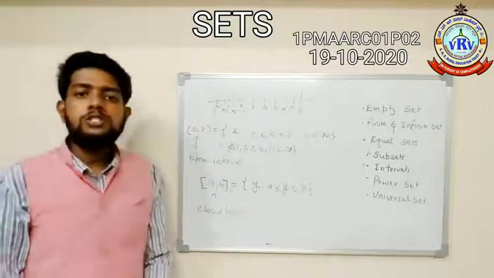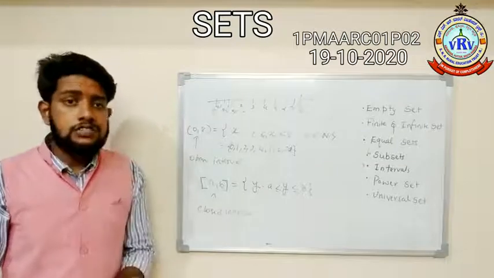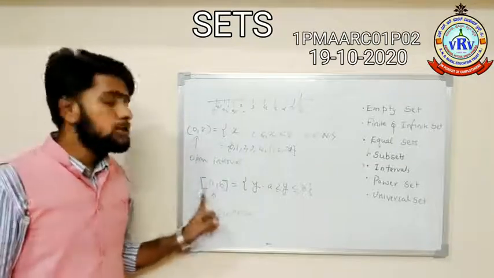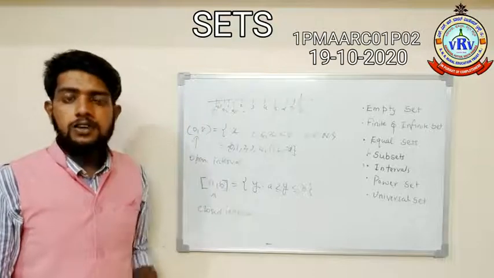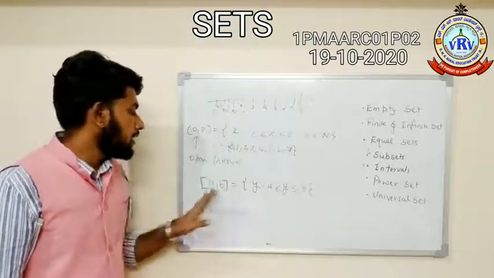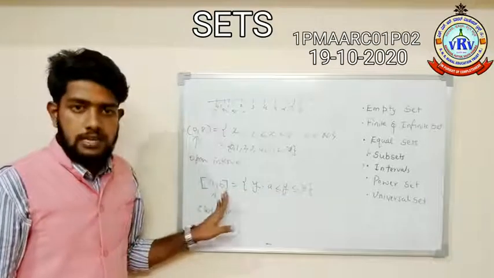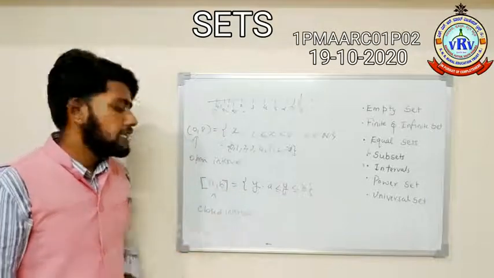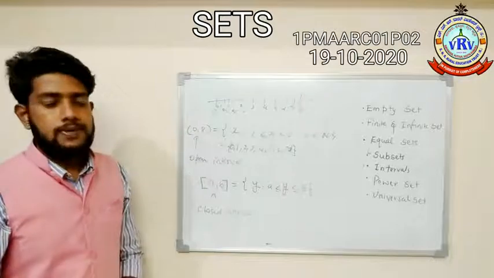So a closed interval is an interval which contains both end points of the corresponding interval. If you consider both end points in the interval, then that interval is a closed interval.